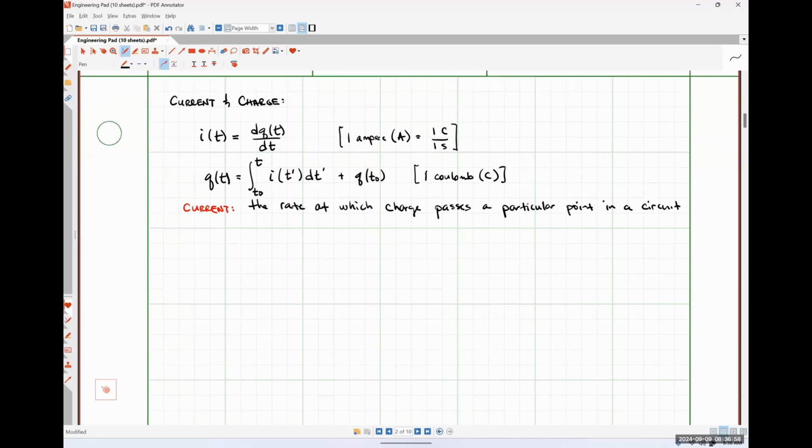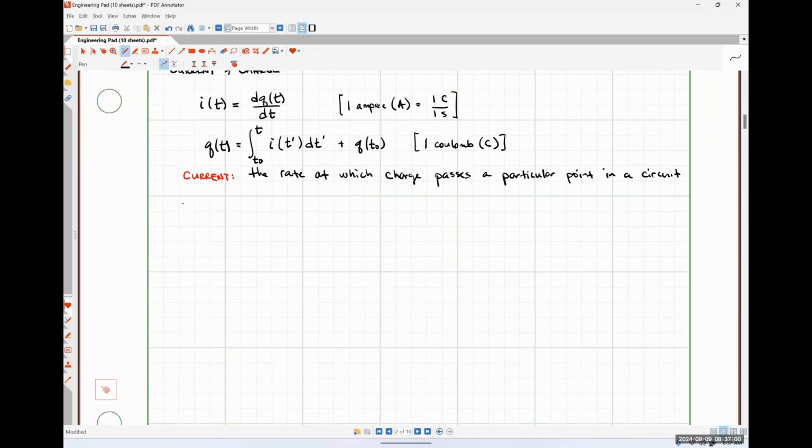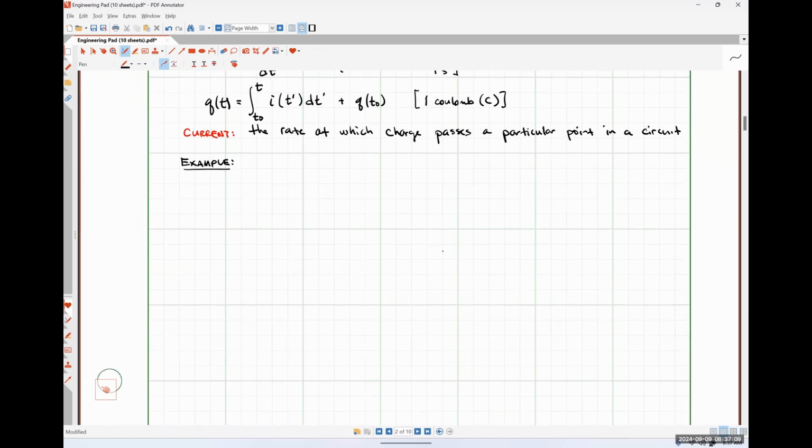So let's work a quick mathematical example here. Okay. So let's say that I have some generic circuit element, and these ellipses are just representing the fact that this is part of a larger circuit.